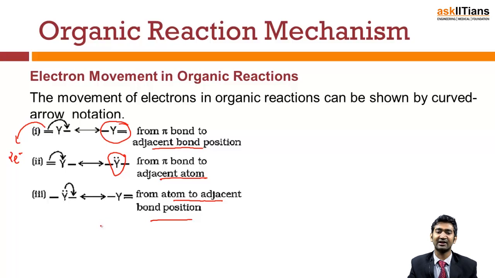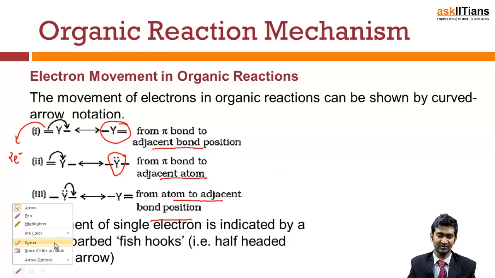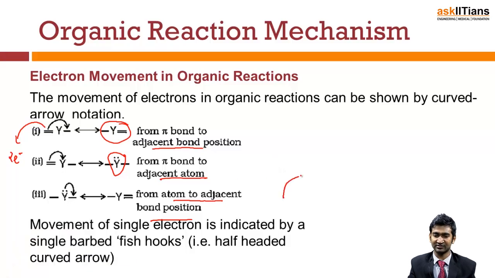These are the three electronic movements in organic reactions. Movement of a single electron is indicated by a single barbed fish hook. If I draw single electrons, fish hooks look like this.